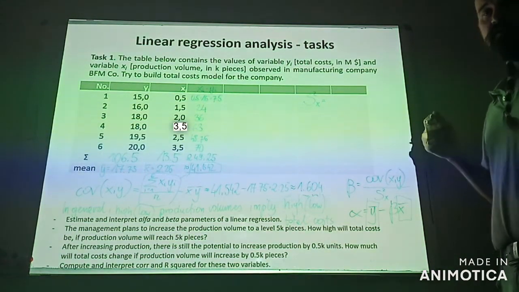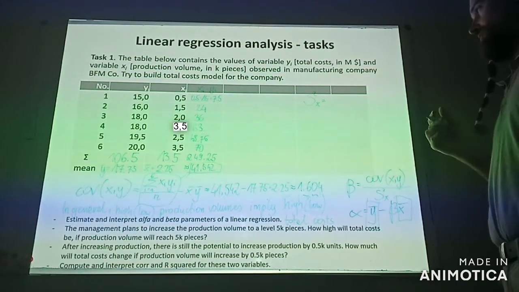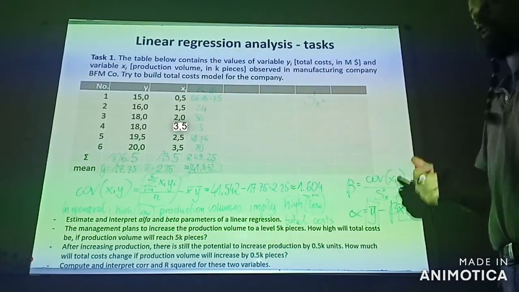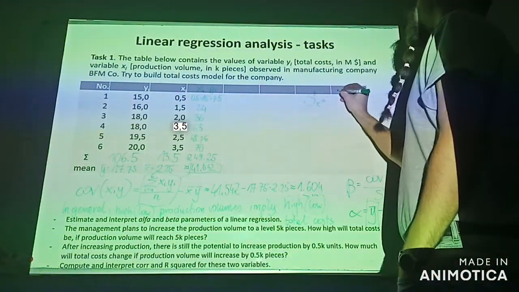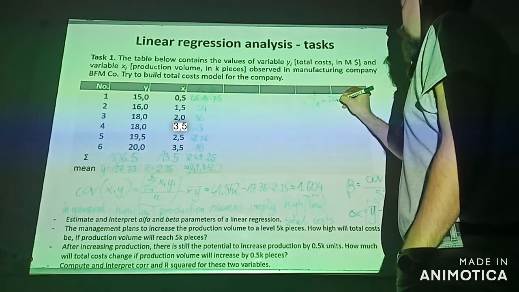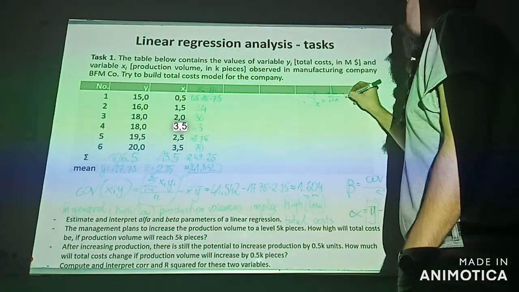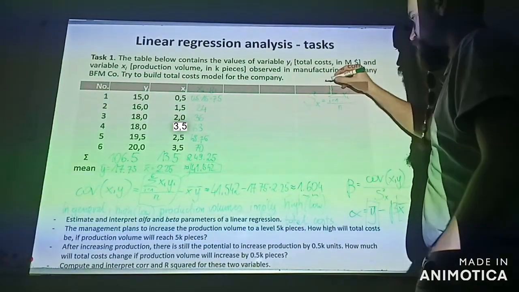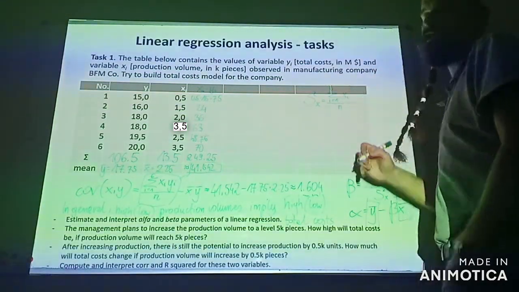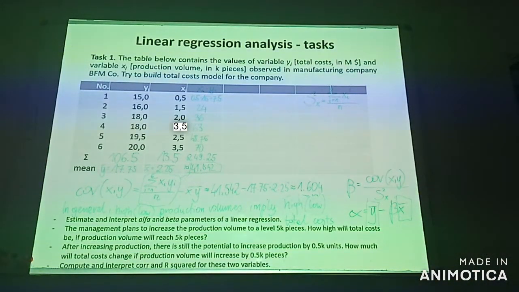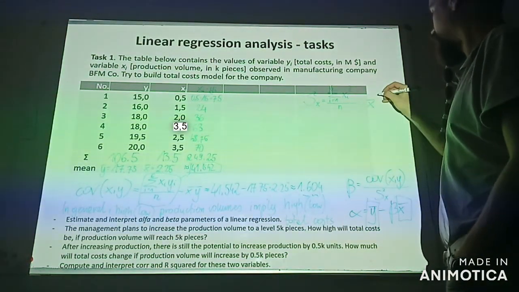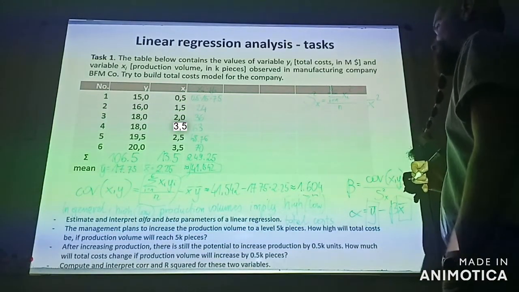We can write the formula for variance using both versions, and the second version is the sum from i equal 1 up to 6 of squared values of x divided by n. So this is the average squared value of x minus mean x squared.